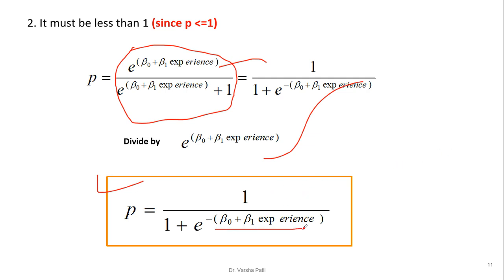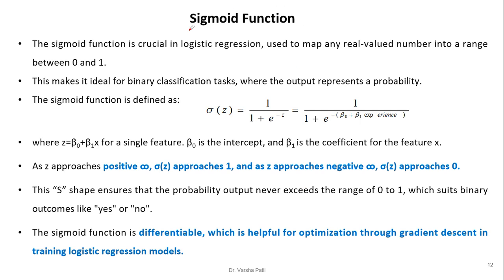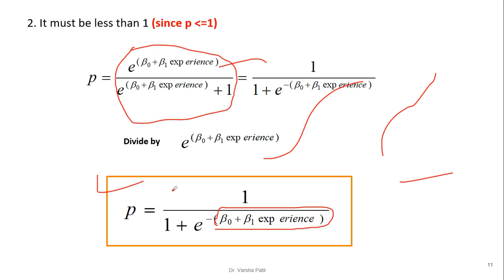The parameters are the same as in linear regression, but here we are not using the linear function straightforwardly; we are using a non-linear function of the format p equals 1 over 1 plus e raised to minus (beta 0 plus beta 1 x), or any one of the features present in the table. This derived function is called the sigmoid function.